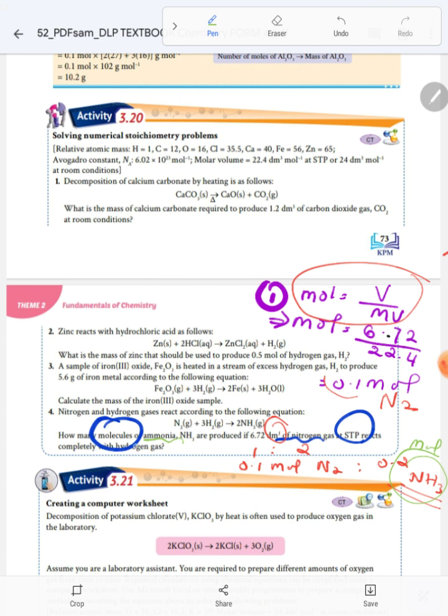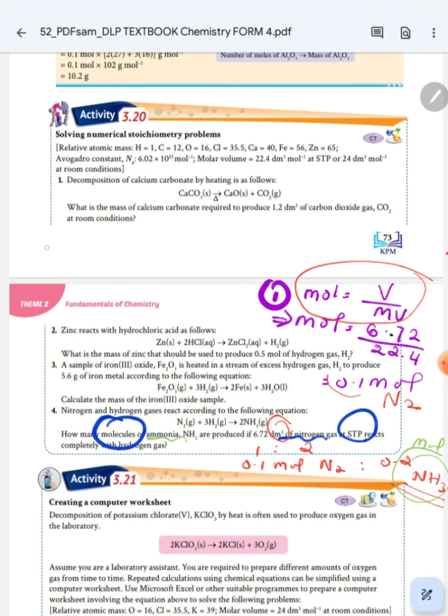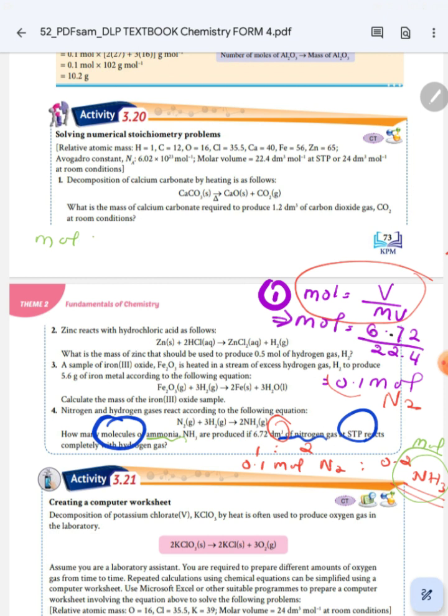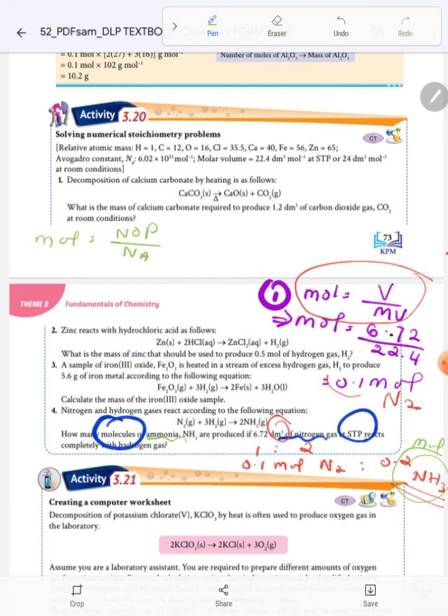Because a molecule is one type of particle. Mole equals number of particles divided by the Avogadro constant.